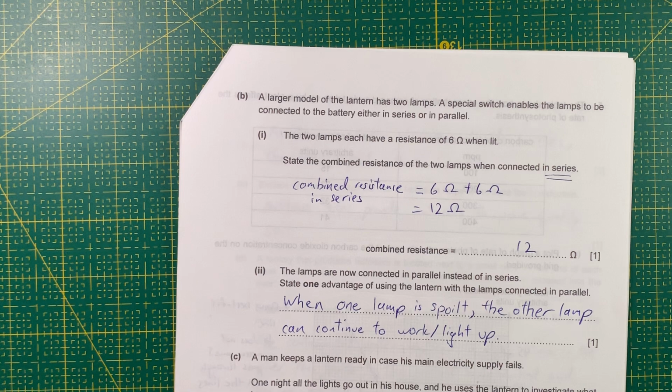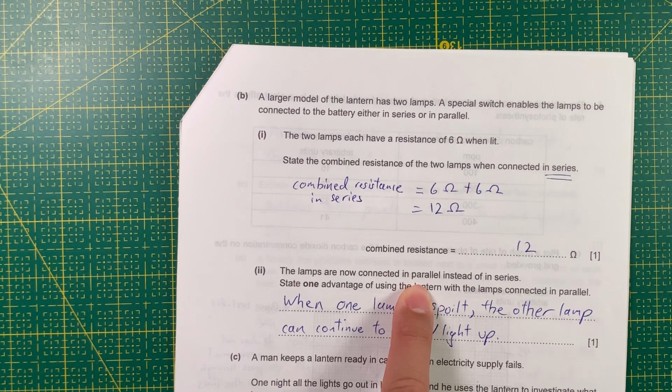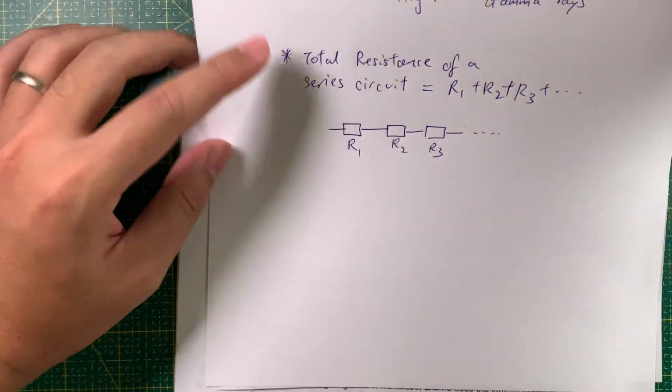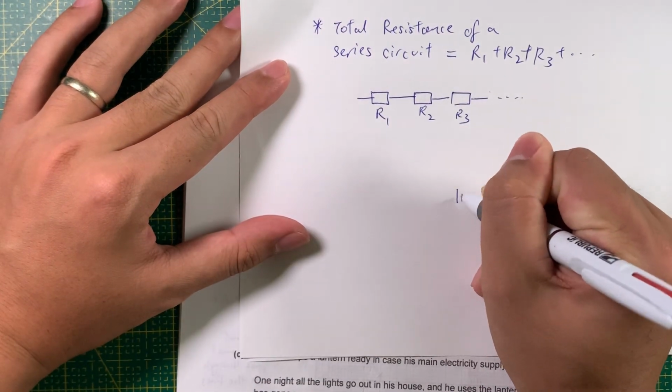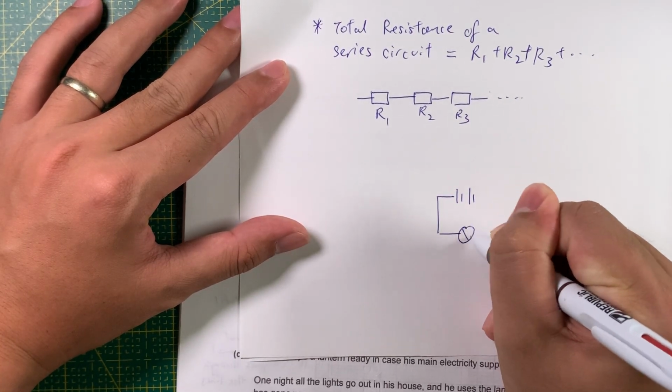Part B part 2, they are asking for the benefit or advantage of connecting in parallel. This is one of the best answers that you can think of. When you have a parallel circuit, let me draw a very simple parallel circuit over here, something that looks like this.